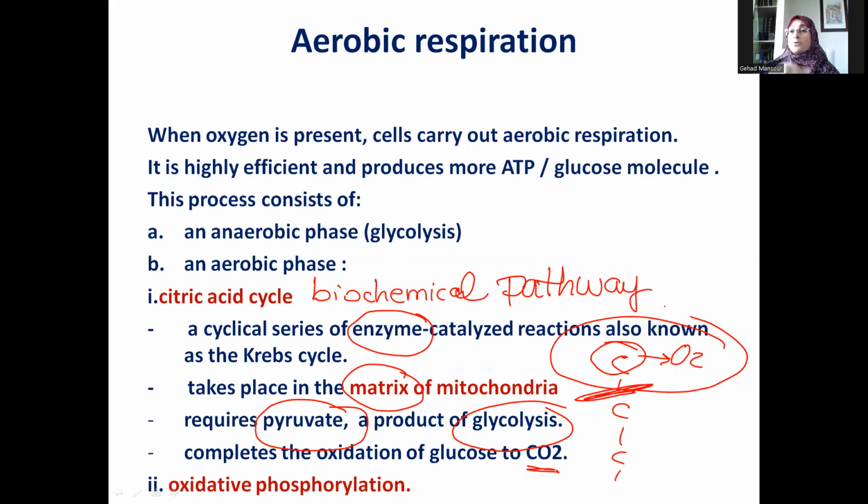So breaking down the bonds in glucose and adding oxygen is formation of carbon dioxide. That's why throughout cellular respiration, throughout the process of breaking down bonds to release energy, carbon atoms are detached from the carbon skeleton and oxygen is added to form carbon dioxide.